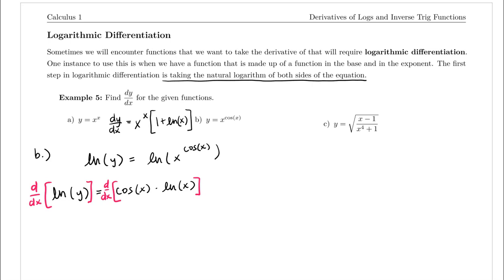On the right-hand side, I will need to use the product rule, and on the left-hand side, I'm going to need to use the chain rule. So on the right-hand side, we have the first function times the derivative of the second function plus the second function times the derivative of the first function.